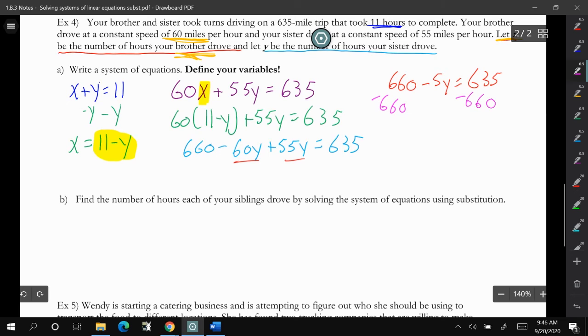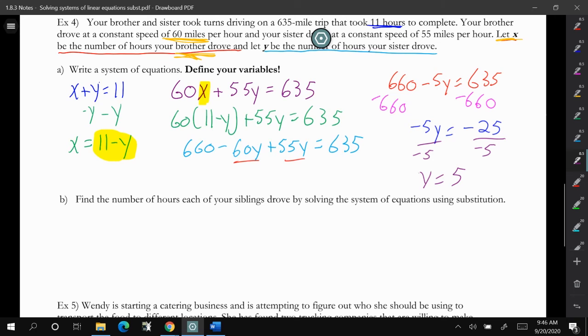Subtract 660 from both sides. We get negative 5y equals negative 25. And then we divide both sides by negative 5. y is equal to positive 5. Okay, so y is the number of hours your sister drove, which is 5.